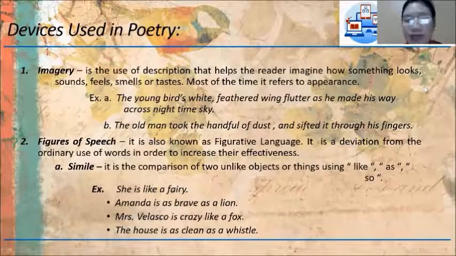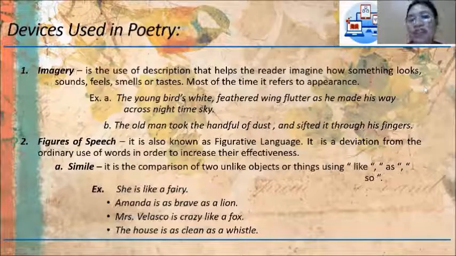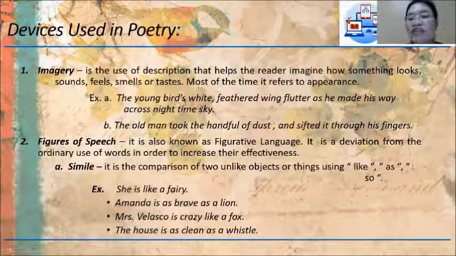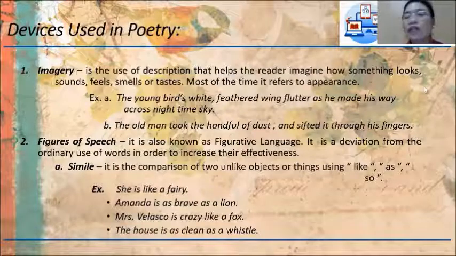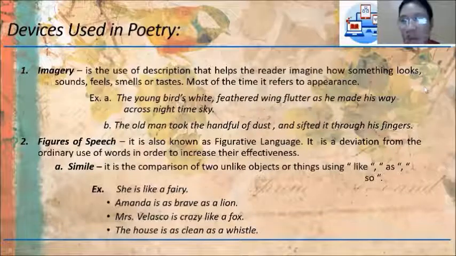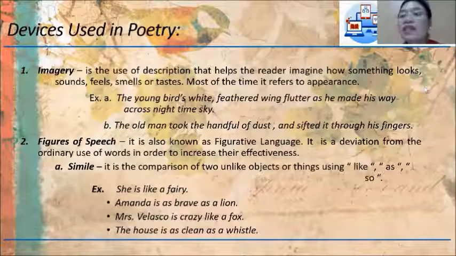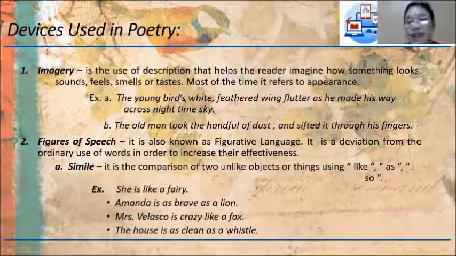Now, the second device is figures of speech. It is also known as figurative language. It is a deviation from the ordinary use of words in order to increase its effectiveness. There are several kinds of figures of speech, but I have chosen the most commonly used ones, like simile.